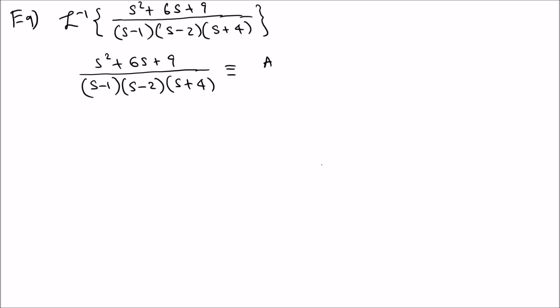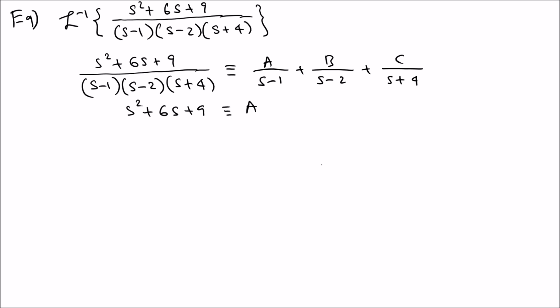So it is A over s minus 1, B over s minus 2, C over s plus 4. And then we know what to do. We multiply by the denominator, so you get s squared plus 6s plus 9 identical to A times the other two.